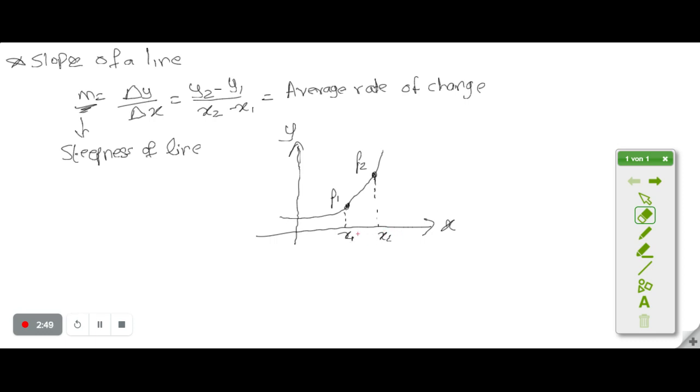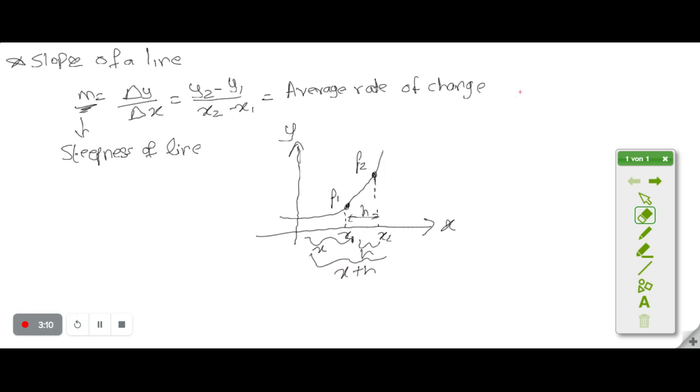So I'm going to have an x1 and an x2, and the distance can be anything. For simplicity, I'm going to assign it as h. So this distance is x, this distance is h, so the total distance is x plus h.